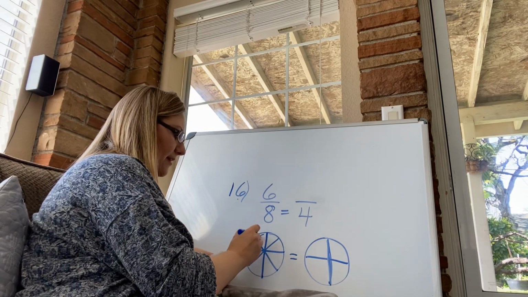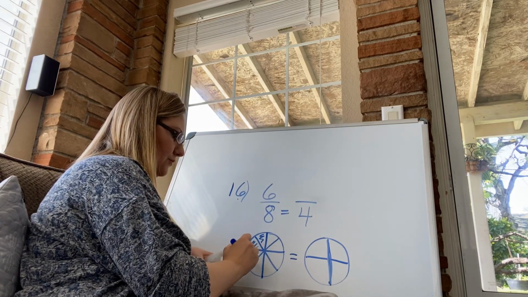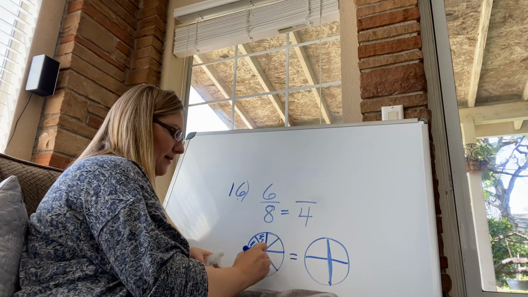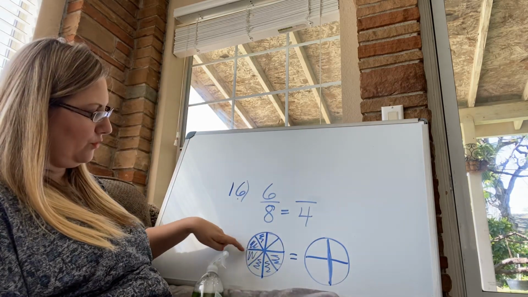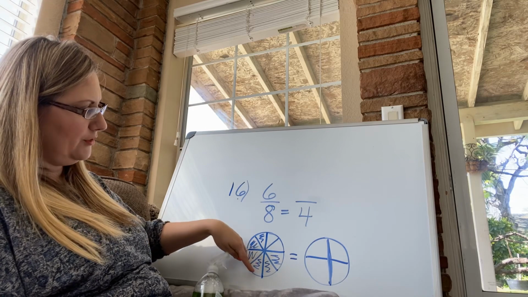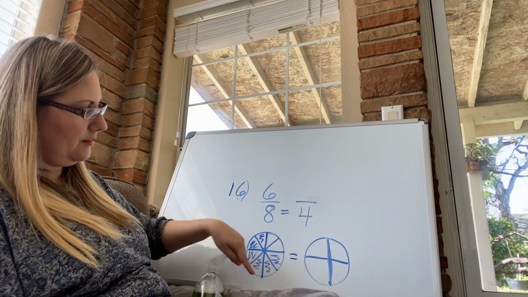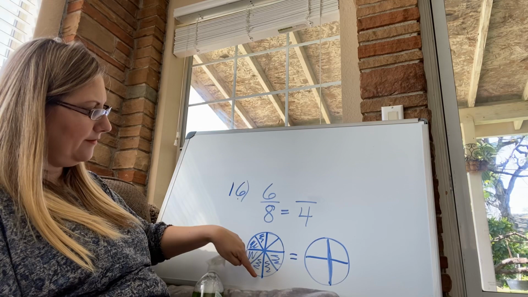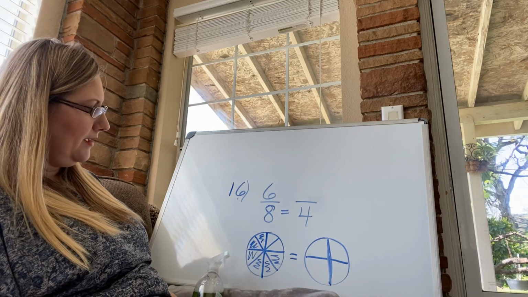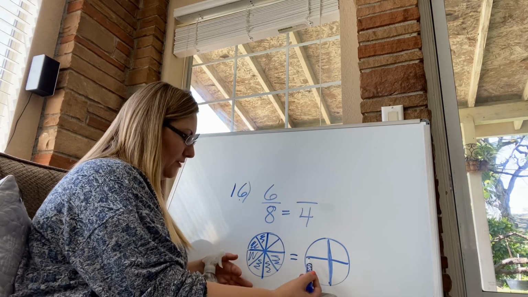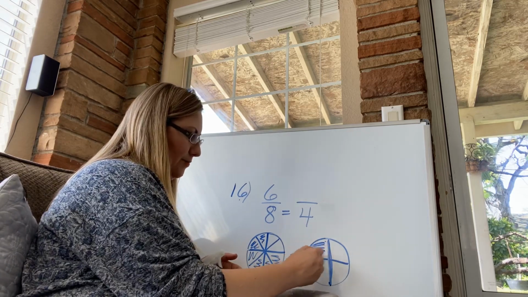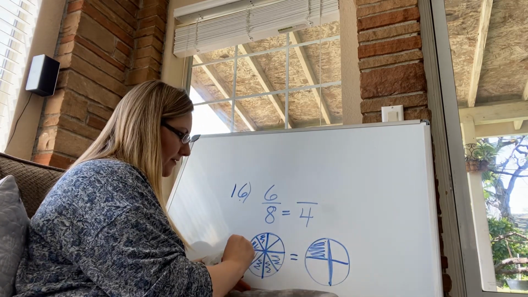So 6 of 8, which is 1, 2, 3, 4, 5, 6. Can you see how much we did it? We have a quarter here, another quarter down here, another quarter of this pie right here, and it equals to how many fourths? You can see that this part is shaded right here.